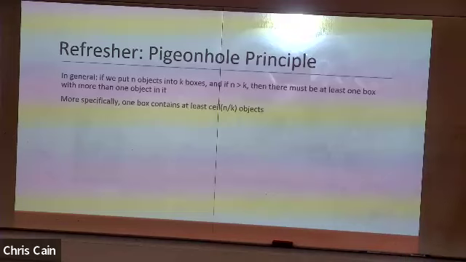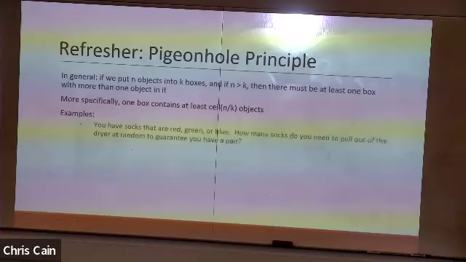Now, if I have 7 objects and 3 boxes, at least one box has 3 objects in it, because the ceiling of 7 over 3, 2 point something, is 3. There must be at least 3 objects in one of the boxes.